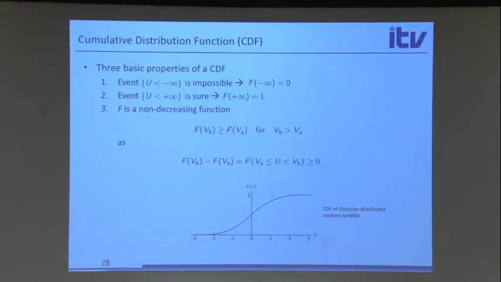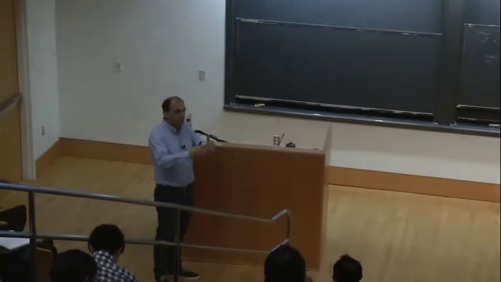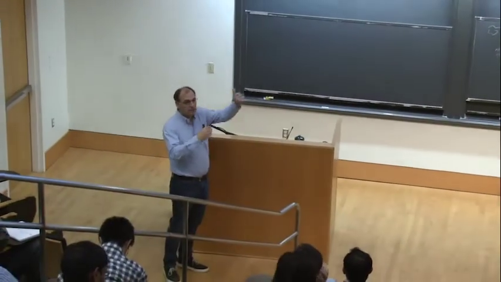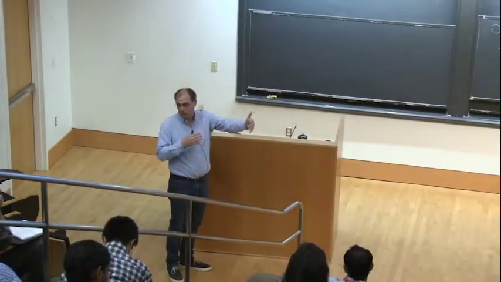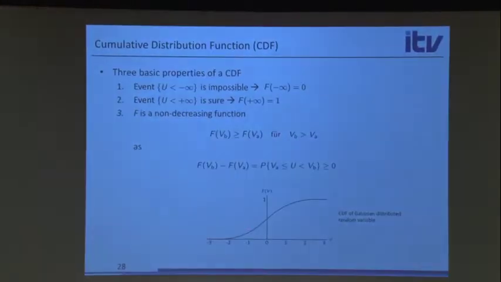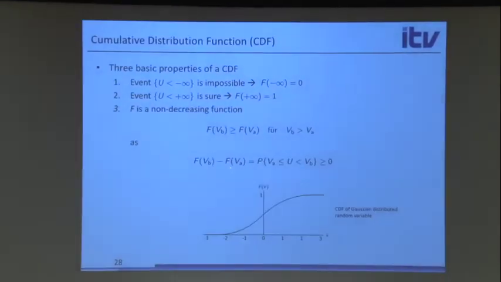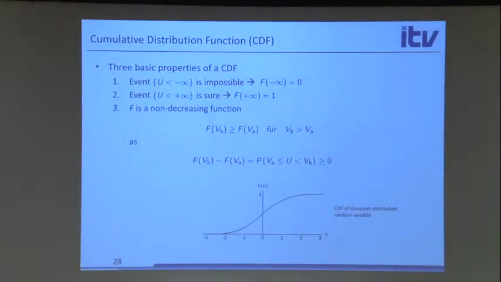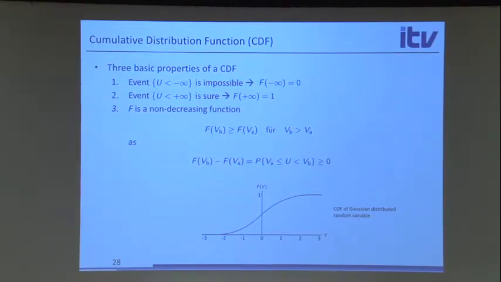And because the probability that the velocity is less than 5 is always smaller or equal than the velocity being less or equal a larger value of the variable, it's a monotonically increasing function, so this cannot go down. It can be flat, but it can never go down. Okay, so that's basically the cumulative distribution function.